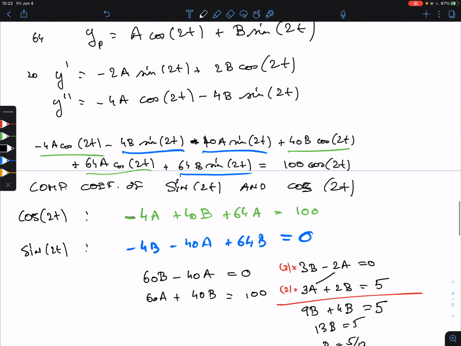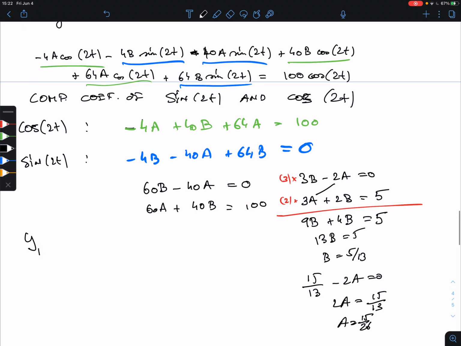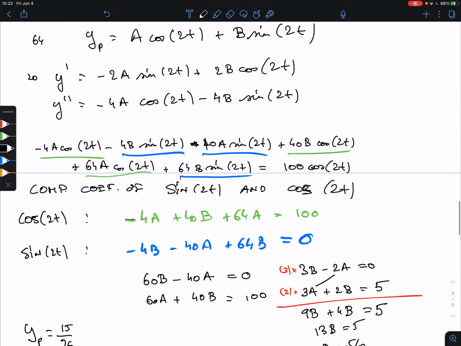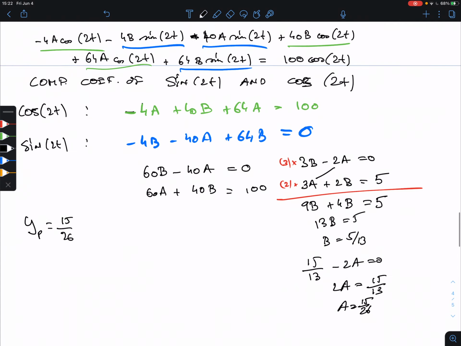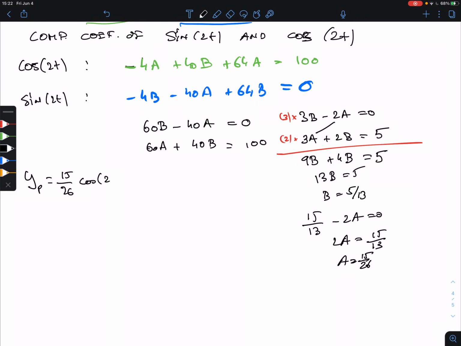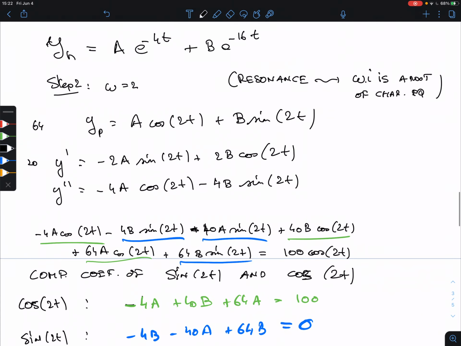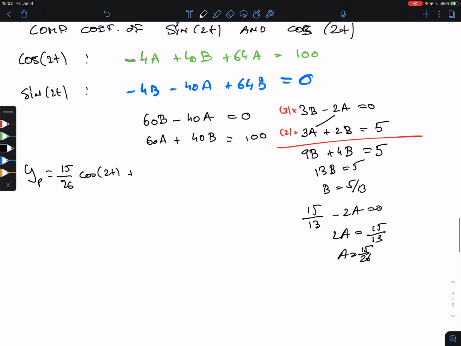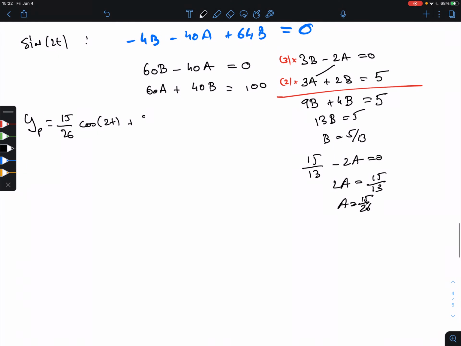I was hoping to get a nice solution, but the particular solution is 15 over 26 cosine 2t plus, b was what? 5 over 13 sine 2t.